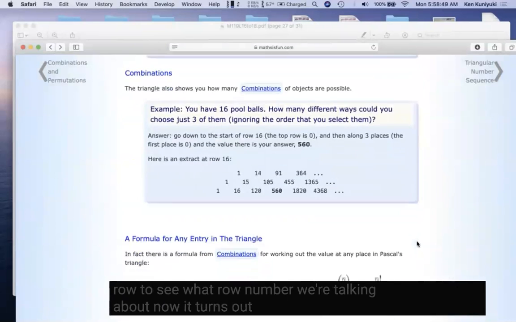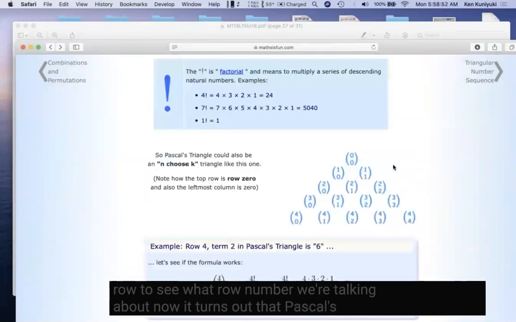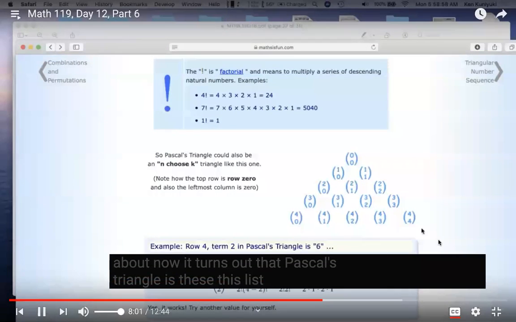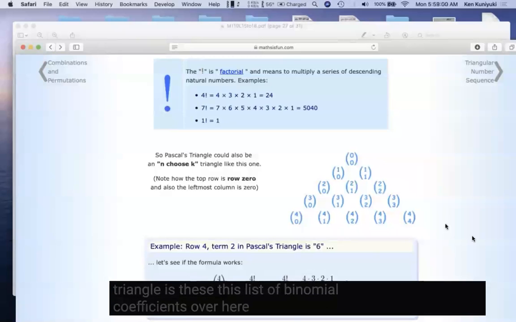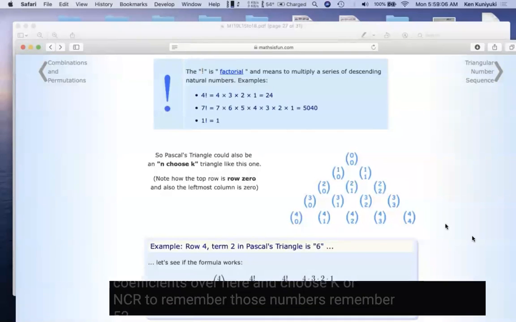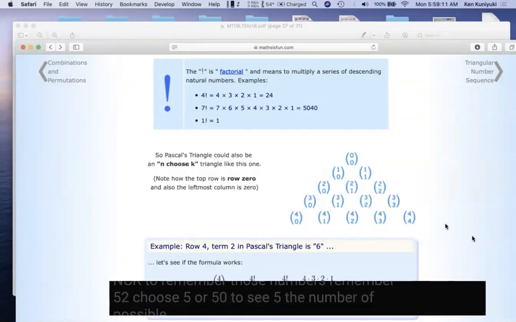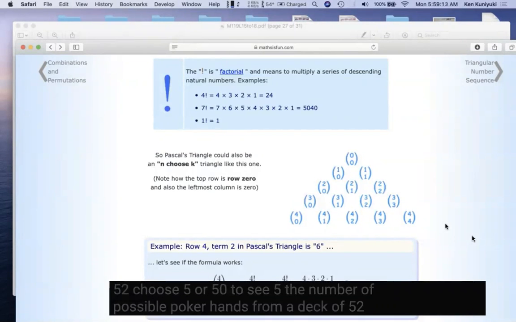Now, it turns out that Pascal's triangle is this list of binomial coefficients over here. N choose K, or NCR. Do you remember those numbers? Remember 52 choose 5, or 52C5, the number of possible poker hands from a deck of 52 cards.